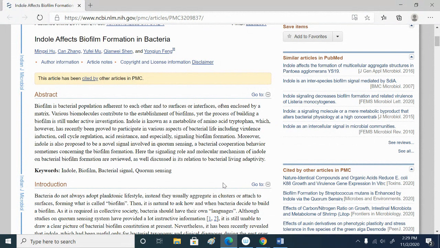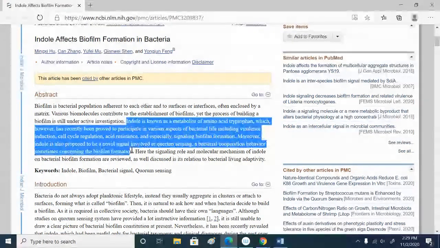Indole affects biofilm formation. Remember, biofilms are the result of the production of a lot of capsules and slime layers, and so that helps to protect those bacteria that are all living together in this biofilm. It's very protective. But indole does apparently have some important functions. So if you scan through here, I'll highlight key things.